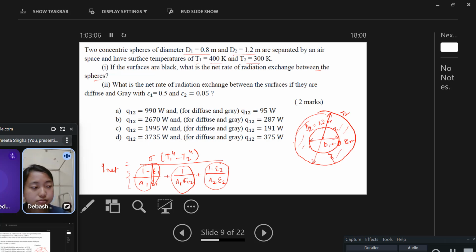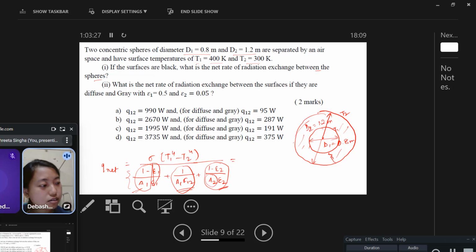How much they're emitting from there, whatever the resistance is, that is the surface resistance, and this is the view factor resistance. Again, if you simplify it, you get it the same way, but here one thing you have to consider is the area.